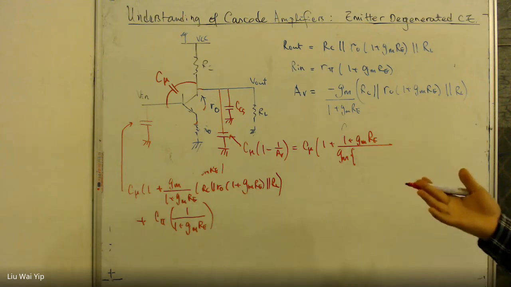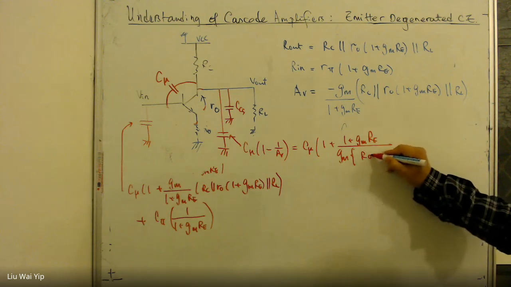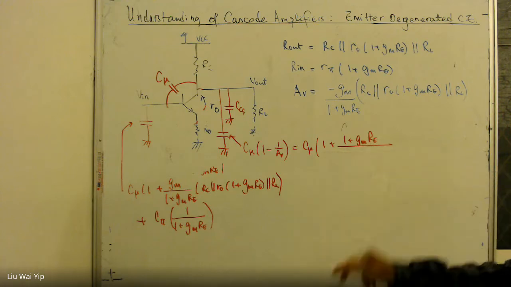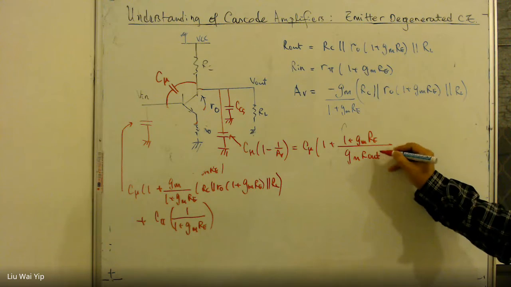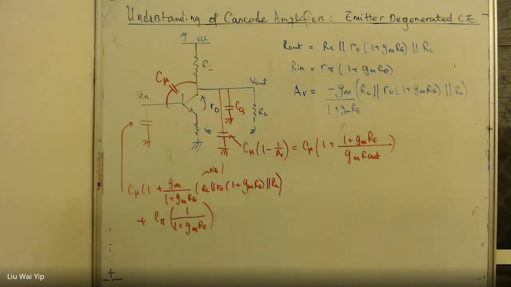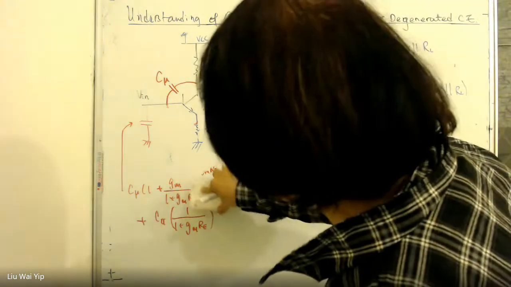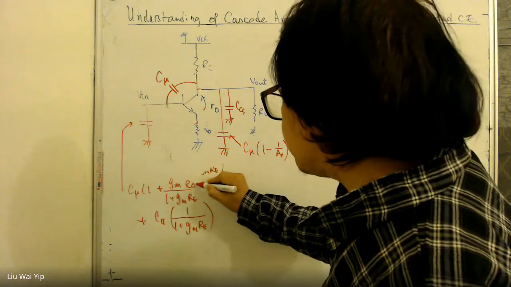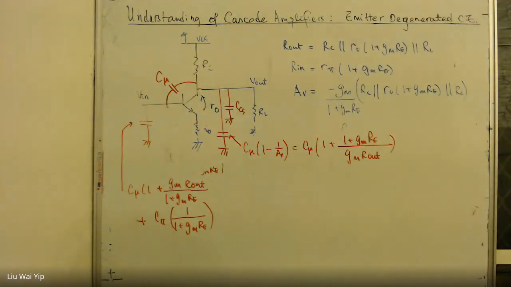To save space, I can just write R out. So we don't need to struggle with space here. Because we have the expression here, and same in here, we don't need to write so much. We just say R out. So we make our life much easier.